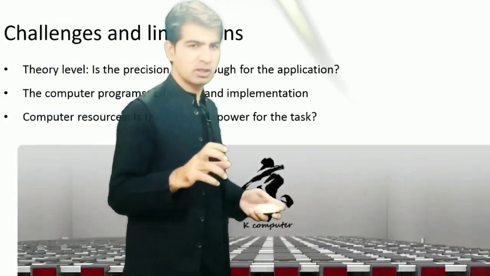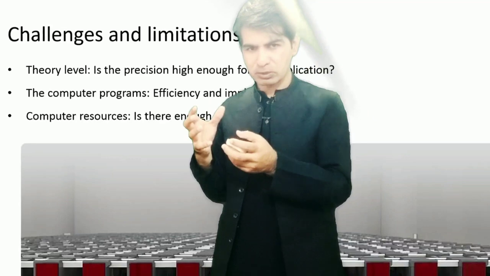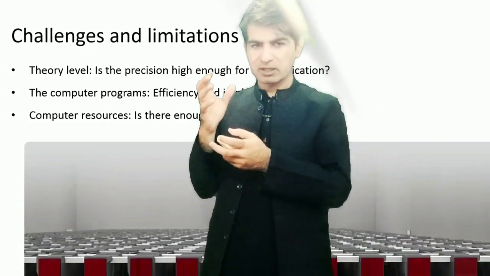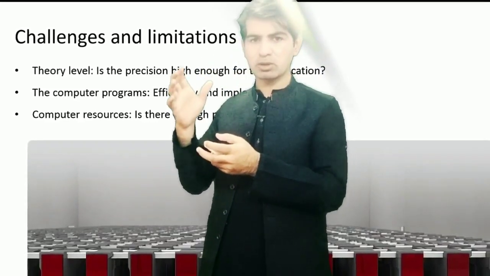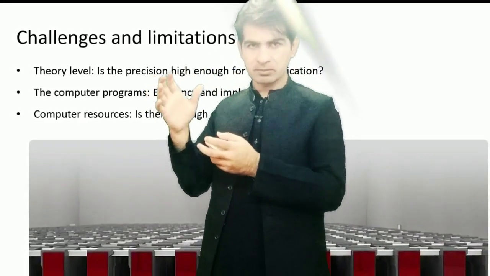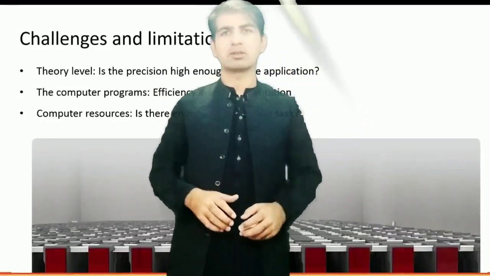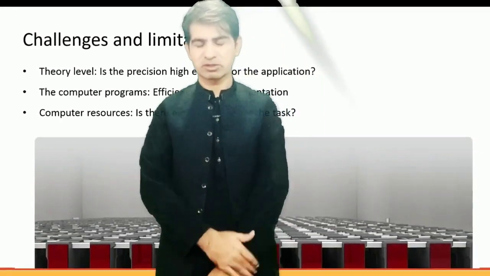And computer resources: you need a specific computer for a calculation. Is there enough power for the task? Okay, so these are the three challenges and limitations of computational chemistry, faced by a computational chemist.